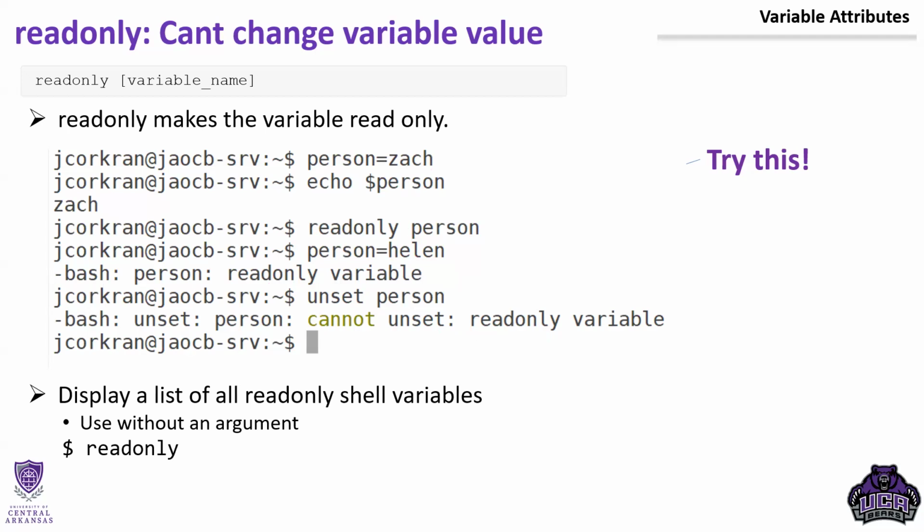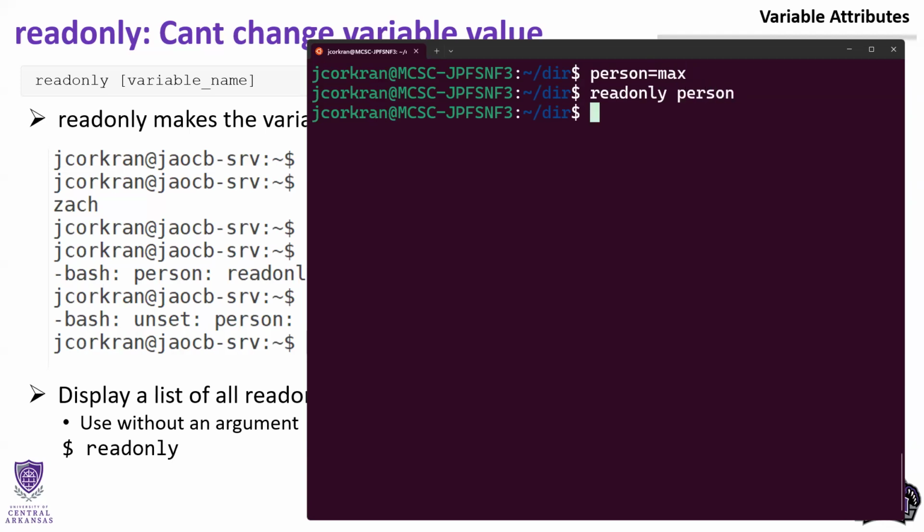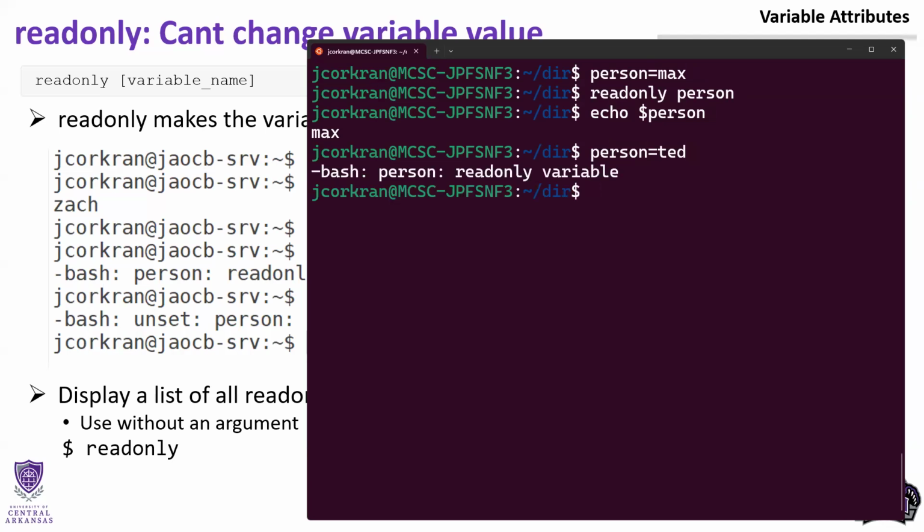So I just created a variable on my system. Actually, let's just do it. No, I don't have person because I had to reset. So person equals Max again, and then we'll do readonly and give it person. Now we'll echo $person. We have the value of Max. Now I can try to set person equal to, we'll do Ted.